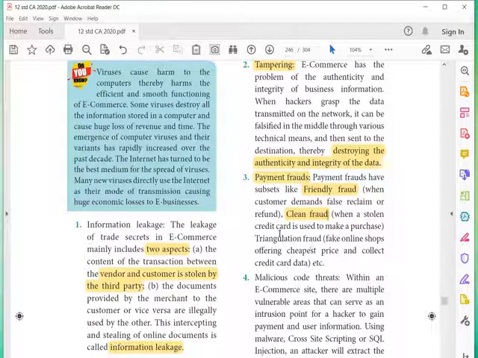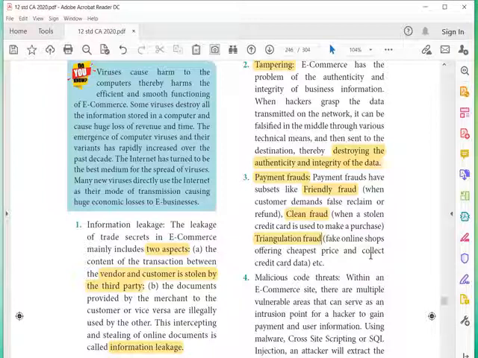Triangulation fraud means fake online shops offering the cheapest price and collecting credit card data. So this is another type of fraud. Just like Amazon or Flipkart, there will be another online shopping site which looks high-tech, giving an offer such as a product of 1000 rupees for 200 rupees, just for a flash deal or an offer.